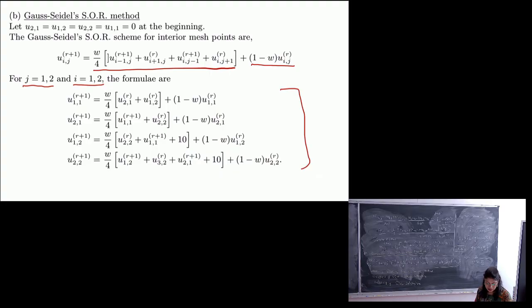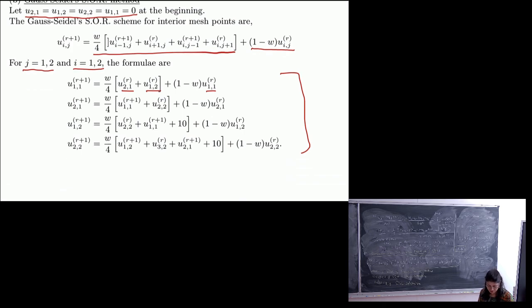We can start with the 0th iteration, and I am taking the initial iteration values as 0. When I put these values in, I will get the value of your next iteration. So first, since the values are 0, clearly we can find that u11 is equal to 1.